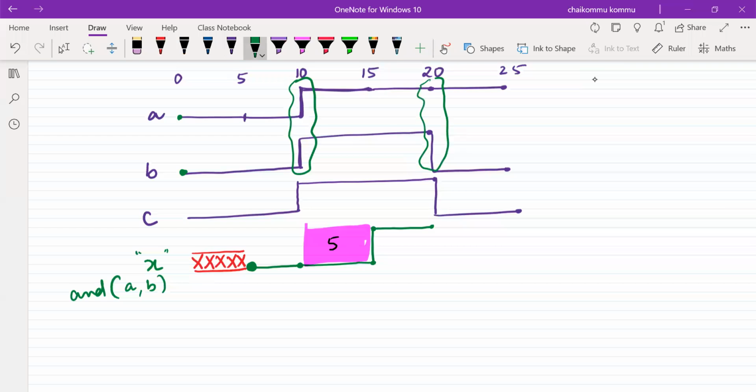But at 20 nanoseconds of time, or 20 timing units, you can find there is a change in B. Therefore, what is the value we can observe? 0. Is the 0 an instantaneous value? Can we get it immediately? No, because delay is involved here. So it has to wait another 5 nanoseconds, which means 25.